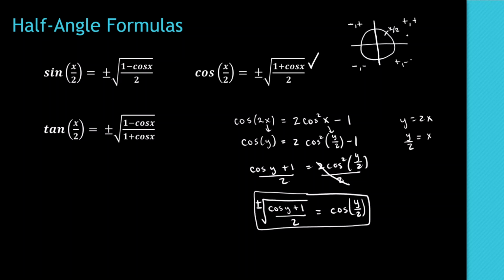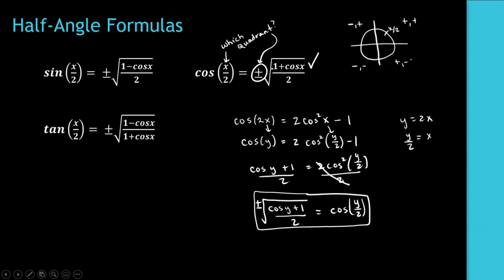So if I'm in quadrant 1, all three of these ratios are positive. If I'm in quadrant 3, sine and cosine are both negative, which would make tangent positive. So we just have to figure out what quadrant this one is in to determine whether it's plus or minus.